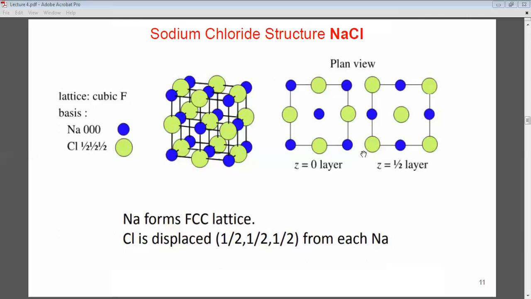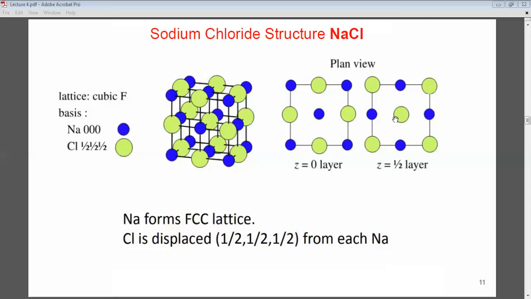For example, if I start from the origin and I go halfway here, then halfway inward, then halfway upward, I reach a chlorine atom. So this is why we're saying the chlorine atoms are displaced by half from any sodium atom.